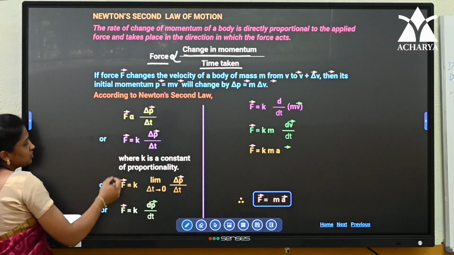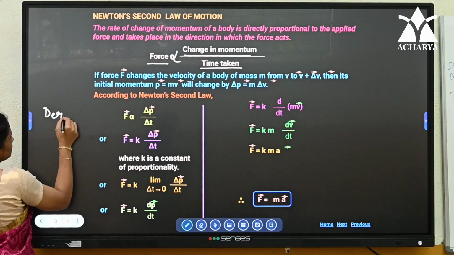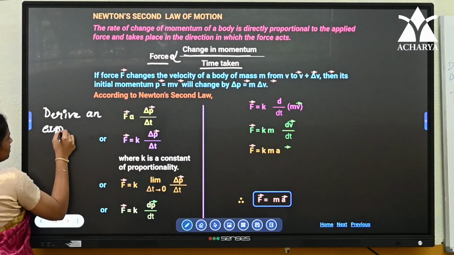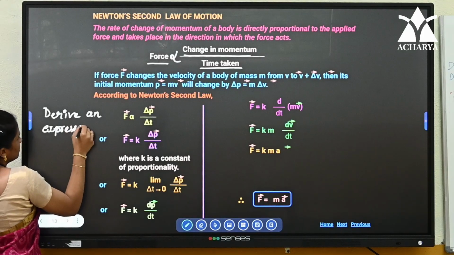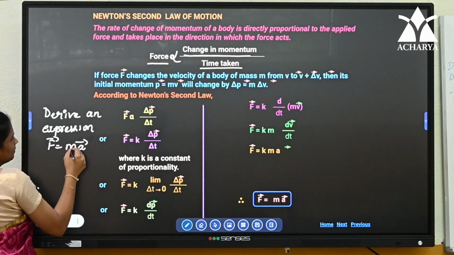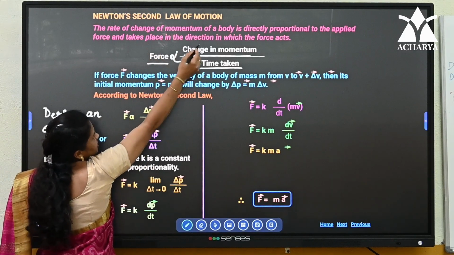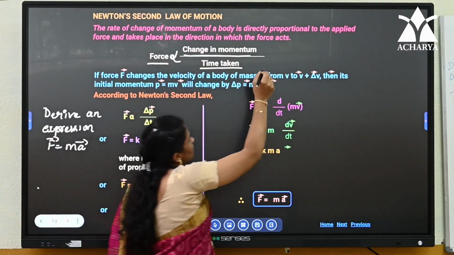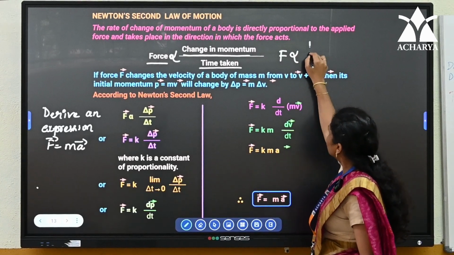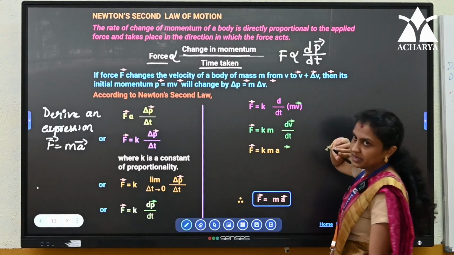So this is the derivation of Newton's second law. Derive an expression for force F is equal to mass into acceleration by using Newton's second law. This statement refers to Newton's second law, that is F is directly proportional to the rate of change of momentum.